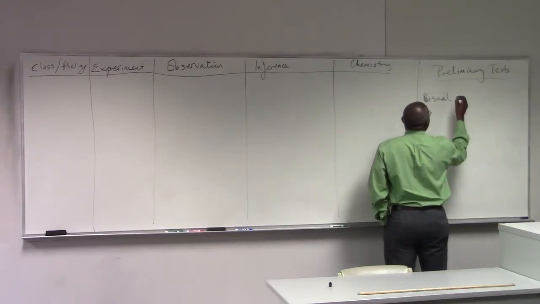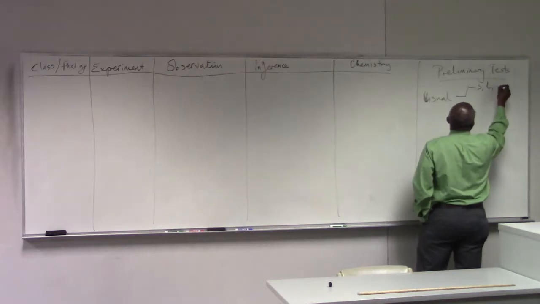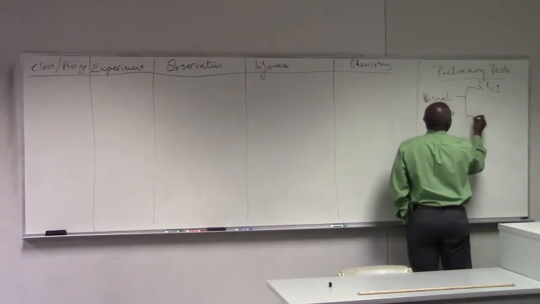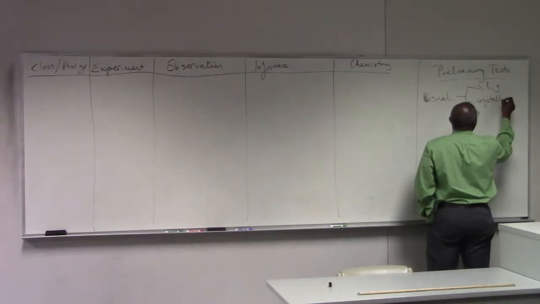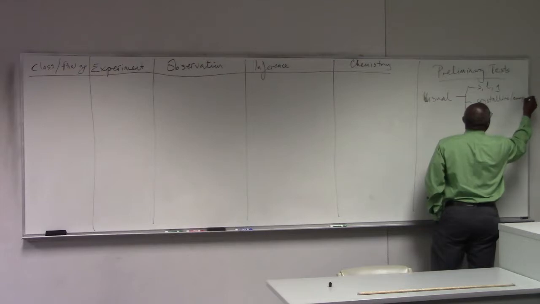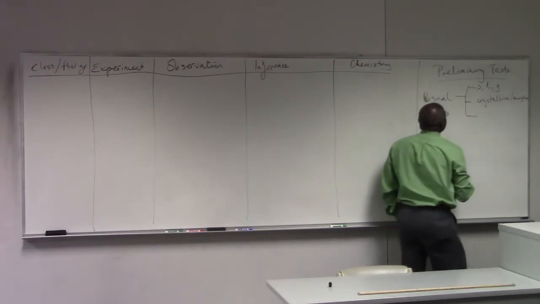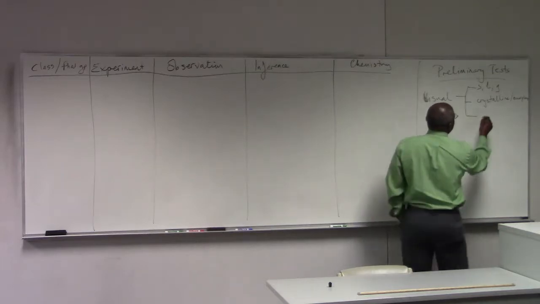So we look to see whether the compound is a solid, liquid, or gas. If it's solid, if it's crystalline, or amorphous. We also look at its color.